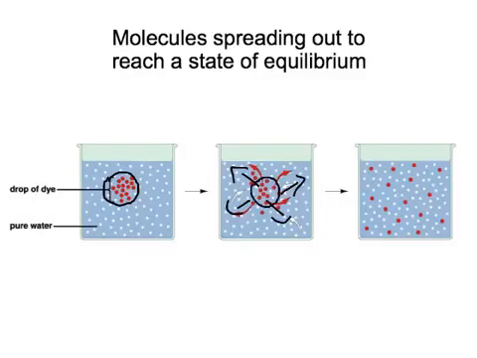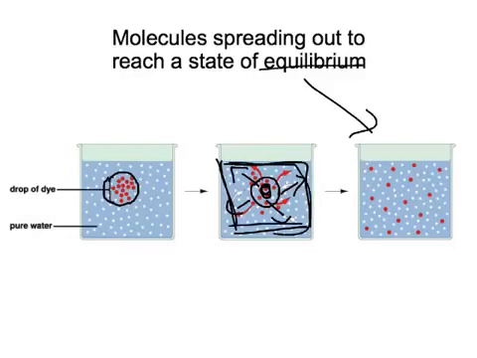You can see in the center there's a high concentration of red particles, and on the edge there's only water. So they're moving from an area of high concentration to an area of low concentration, until eventually they reach what we call equilibrium, when everything is evenly distributed amongst the system.